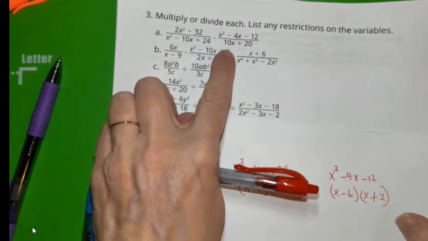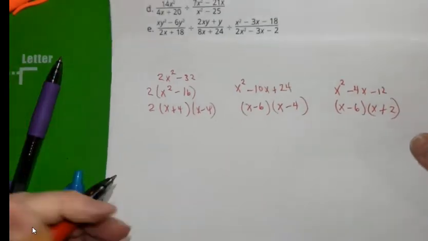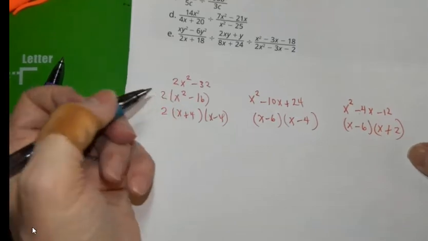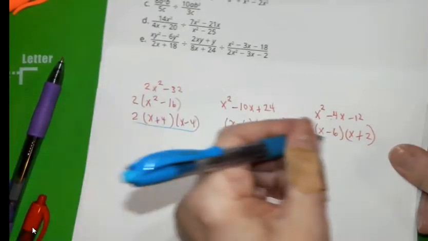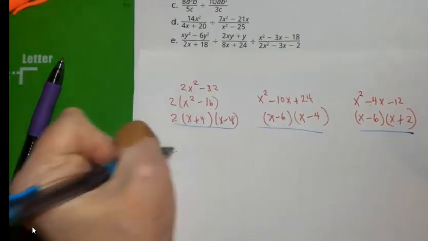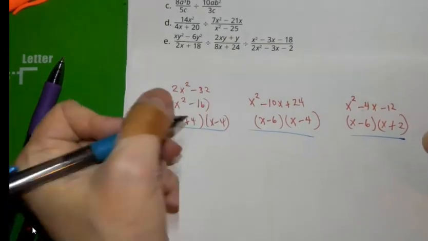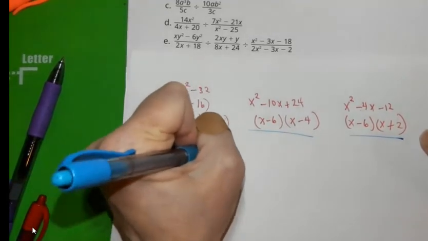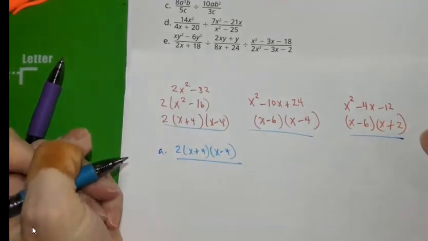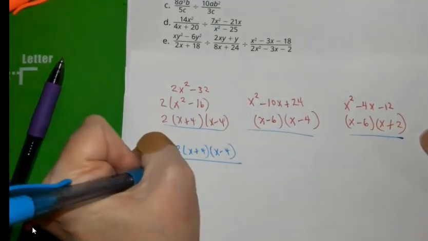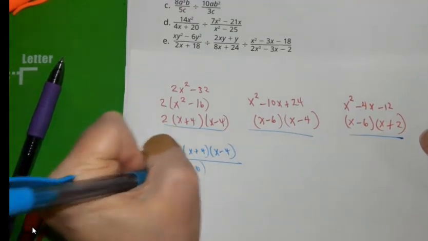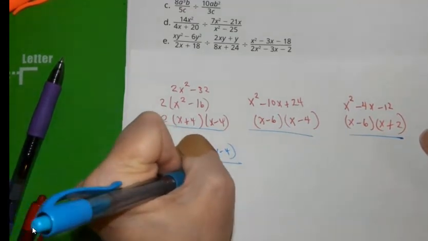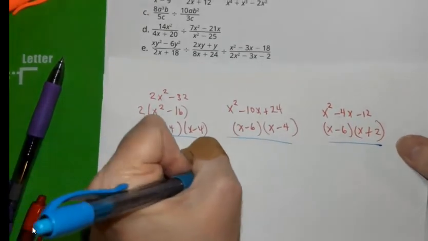We're going to factor out a 10 and get 10 times x plus 2. So let's write out the problem again using our factors we just created. For A, the numerator of the first one is going to be 2 times x plus 4 times x minus 4. And the denominator for the first one will be x minus 6 times x minus 4.